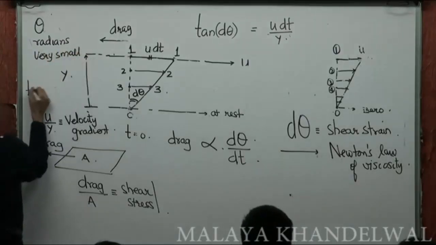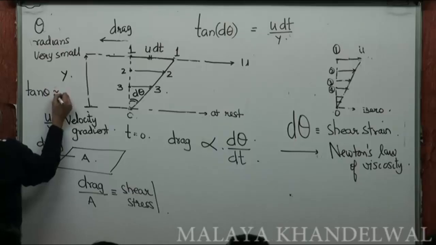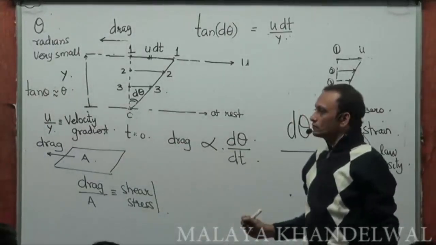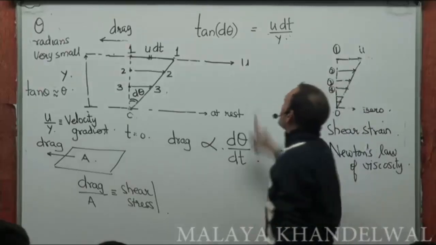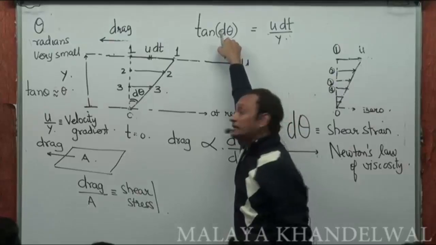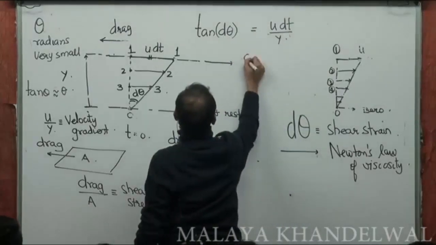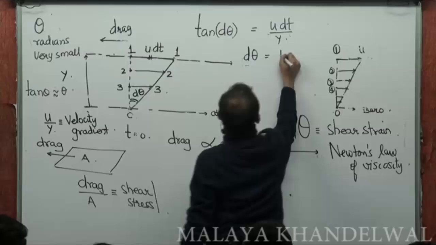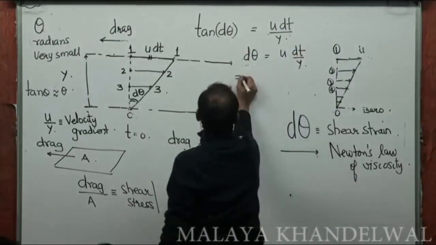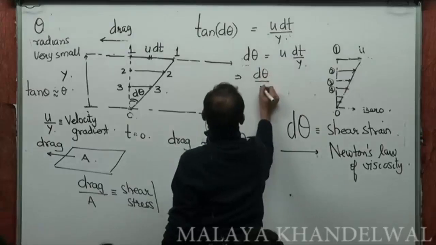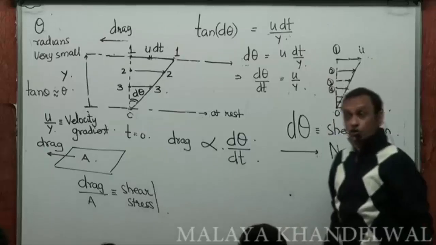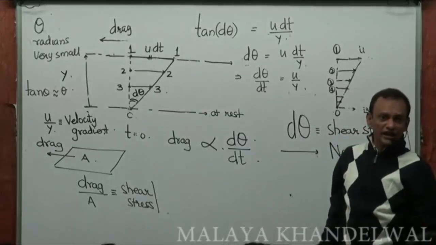So d theta is obviously very small, so tan d theta can be replaced by d theta. And therefore, I end up getting d theta dt as u by y, which is the velocity gradient, yes or no?